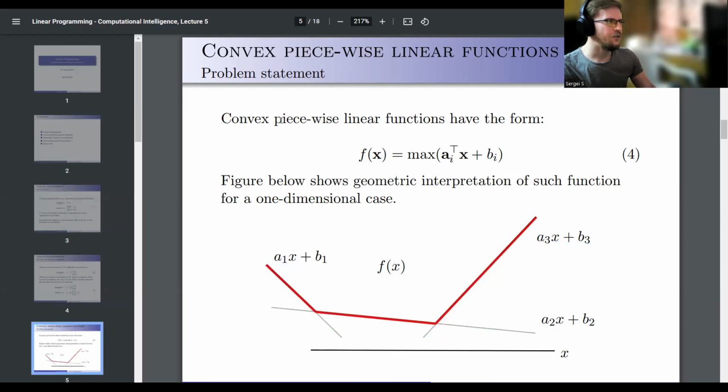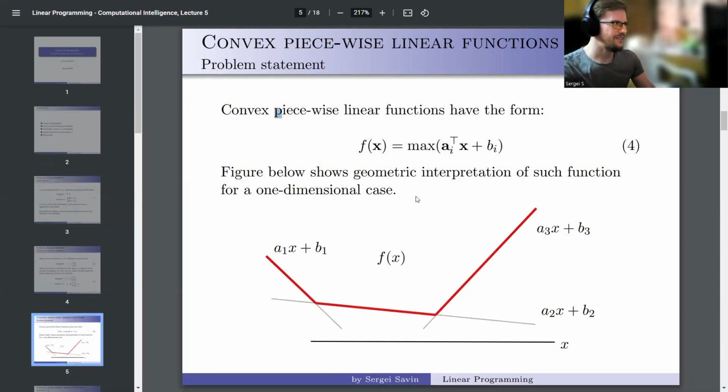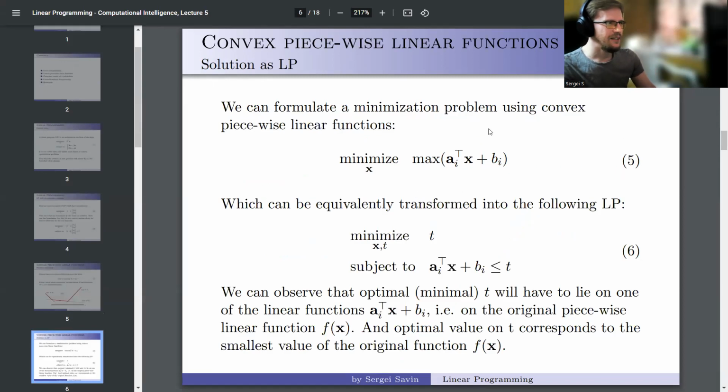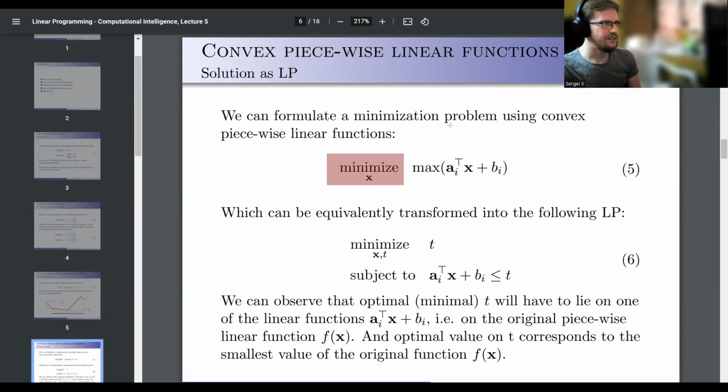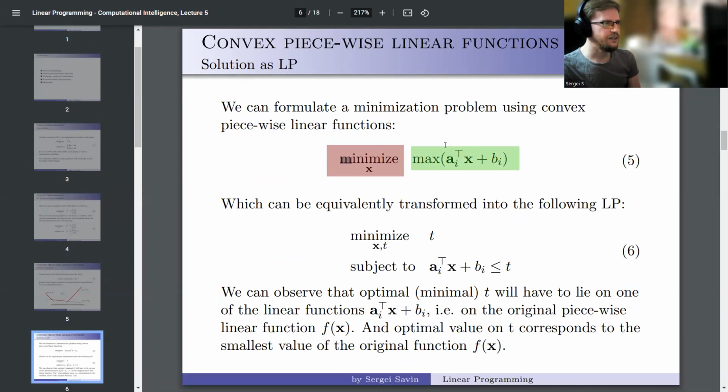Let's see how we can minimize this function. So the problem is to minimize over x this function. Minimize over x this function.